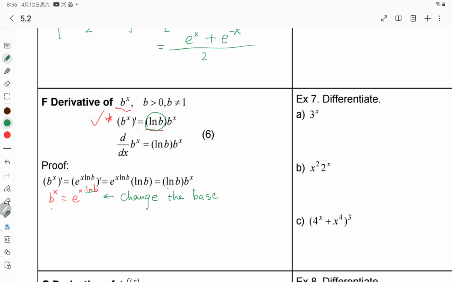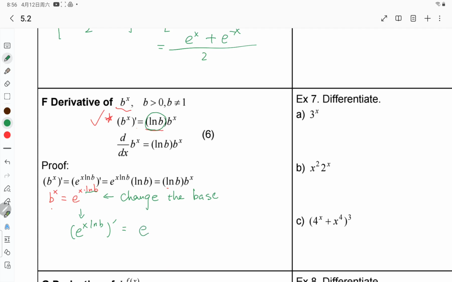But again, the proof should be a way for us to review the formula, right? So don't worry too much about the proof, I would say. And then if you write e to the x ln b, the derivative, the first, e to the u derivative is always e to the u, okay?